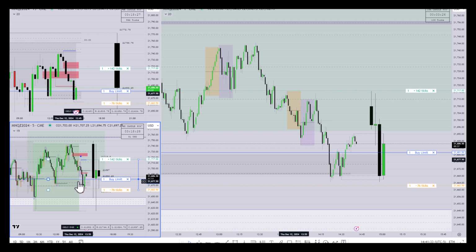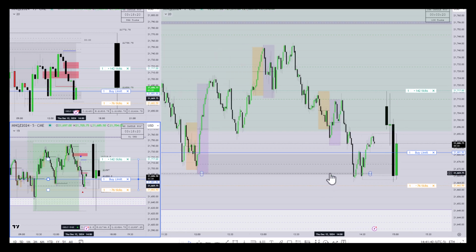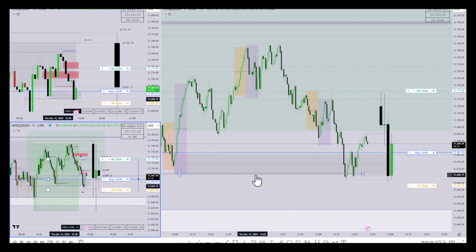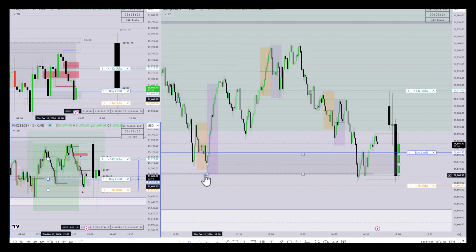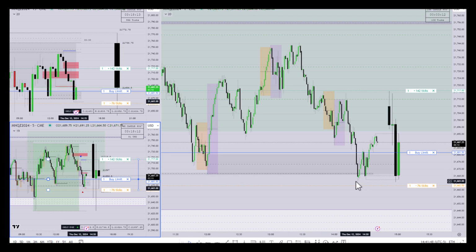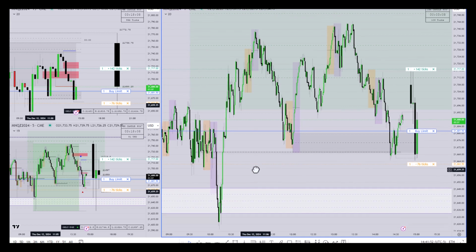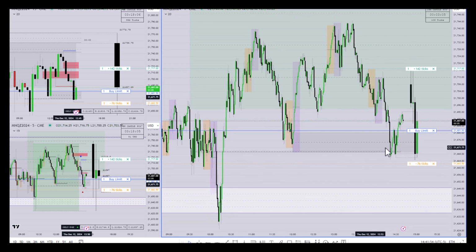We also just took the lunch lows right here. This was a sweep of the lunch SSL liquidity, so looking at that as high resistance now. Since we swept and took that, playing above that first presentation fair value gap.